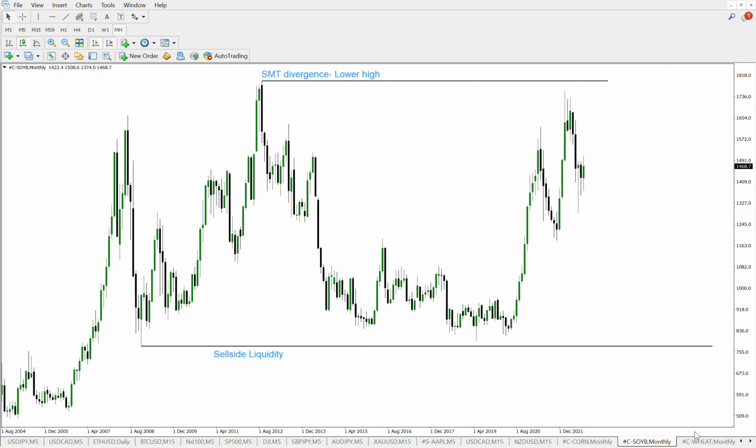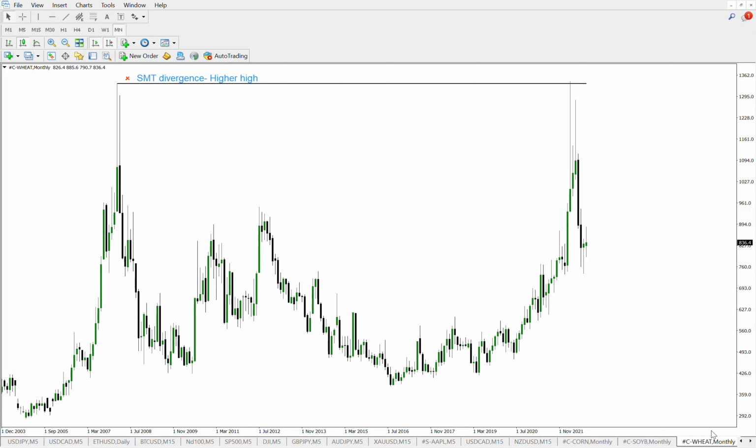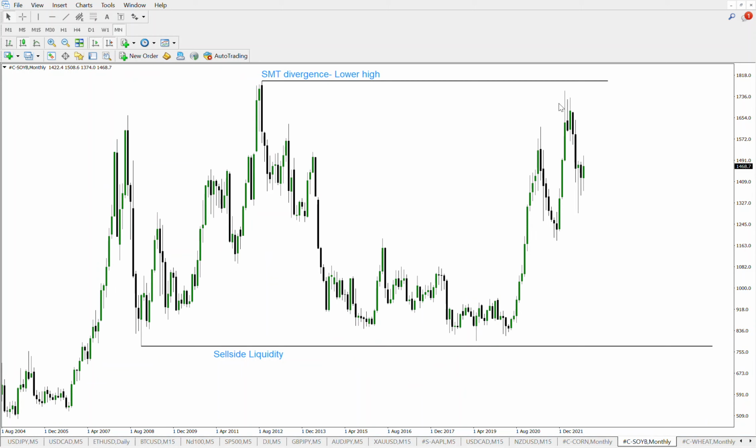So when we had that SMT here on wheat, we took out this high and price was failing to reach up into this high on soybeans and corn. It's indicating a change in state of delivery. So we've been moving higher this whole time. We got the SMT, and now price is moving lower.